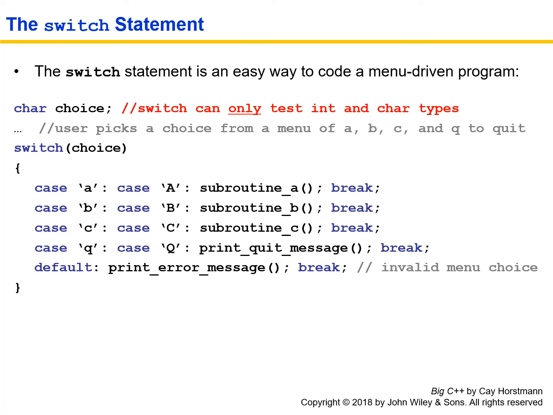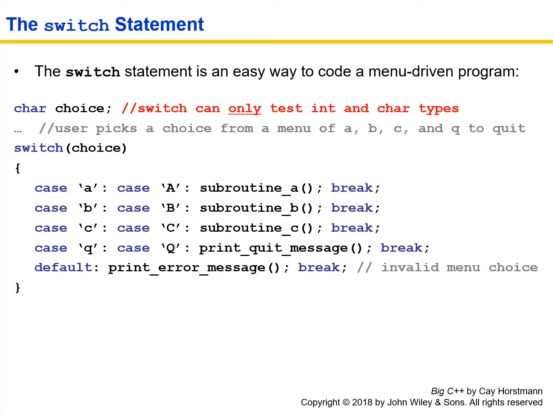If they type A, we can call subroutine A. If they type B, we can call subroutine B. If they choose C, we can call subroutine C. And in case Q, we just print a quit message, which is maybe something that says, thank you for using my program today, and then it quits nicely. If they didn't type any of those choices, then we print an error message indicating that they chose an incorrect menu choice.